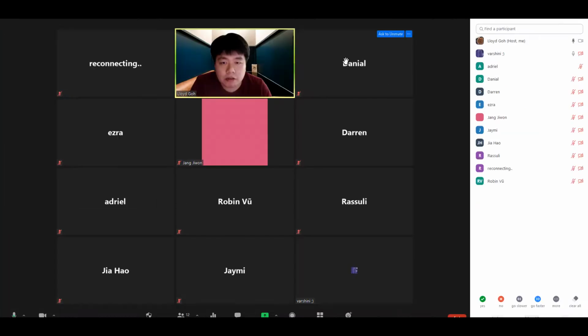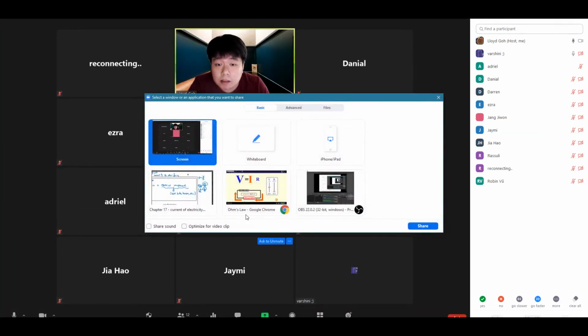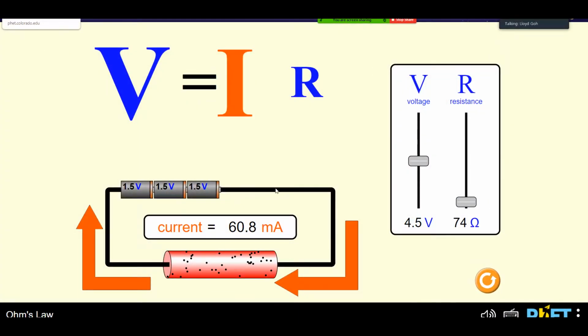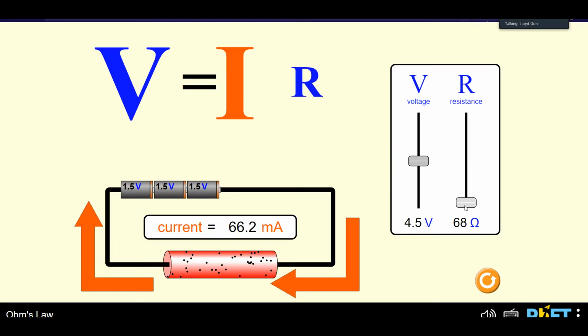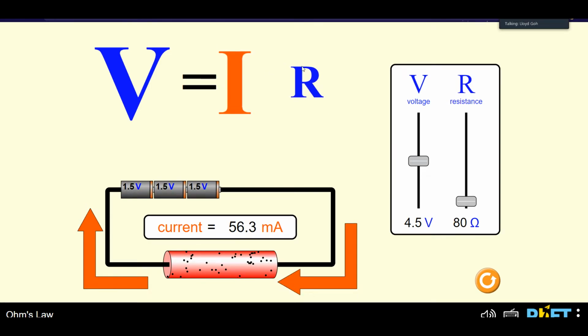Okay, so let me just show you something quickly here. I want you all to see the current flow. Let's say my battery is fixed at 4.5 volt, but my resistance is the one changing. Look at the R and the slider here.